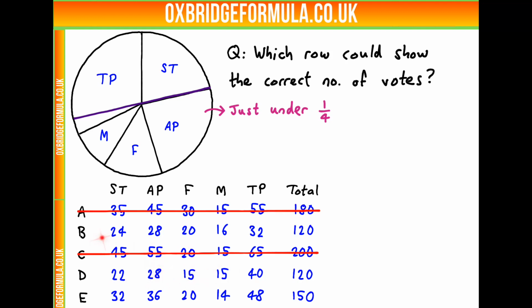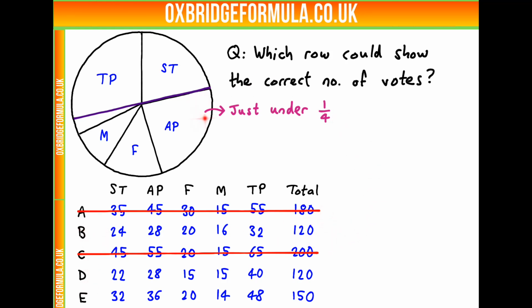Well, again, like we had in B, we've got 28 out of 120, which we know is just under a quarter. Then finally for E, we've got 36 out of 150. What's a quarter of 150? So that's half of 75, which is 37.5. And indeed, 36 is just under 37.5. So we know it can't possibly be A or C, but at the moment it could be B, D, or E.